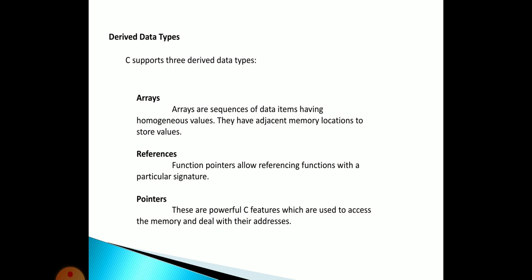The primary data types, as we learned, are of mainly three types: integer, character, and floating point type. Also, in case of no return values, we may use void along with the functions.